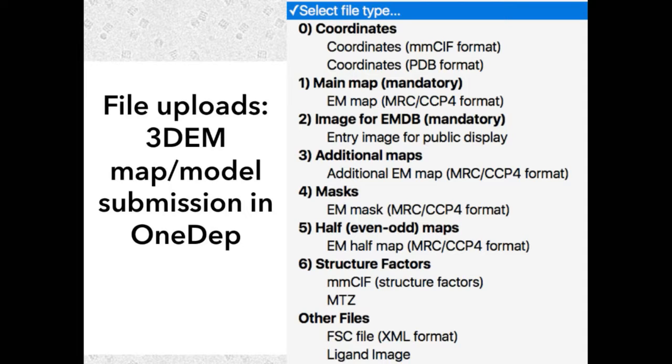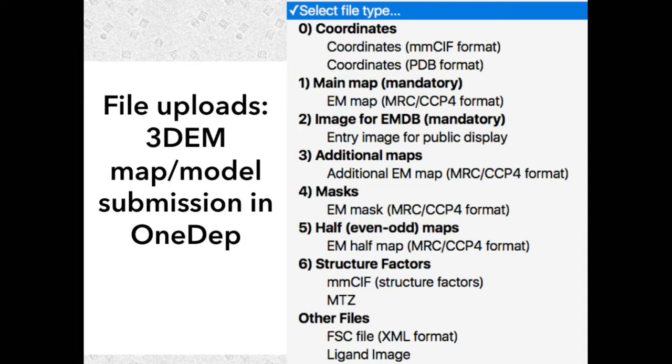And the answer is maybe. If you want an EMDB ID associated with each one of those maps, then yes. If you just have one representative map that you want associated with an EMDB ID, then you can just upload all of your additional maps here. And you can keep uploading as many as you want.